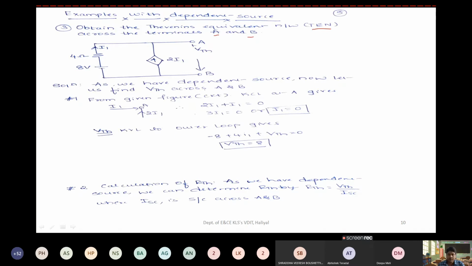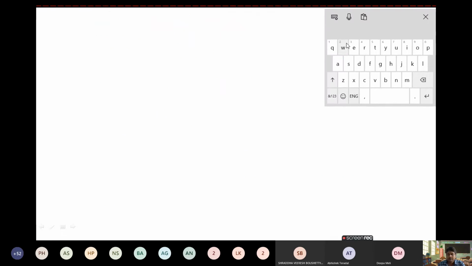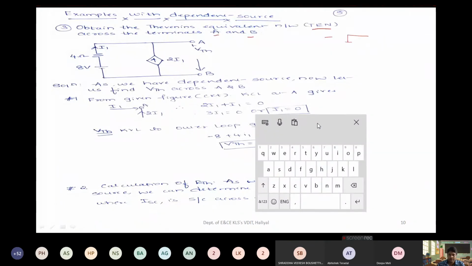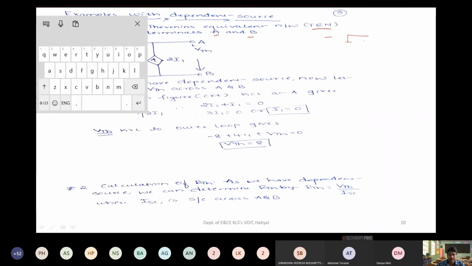Thevenin's equivalent network means what? Just get the ZTH and VTH.